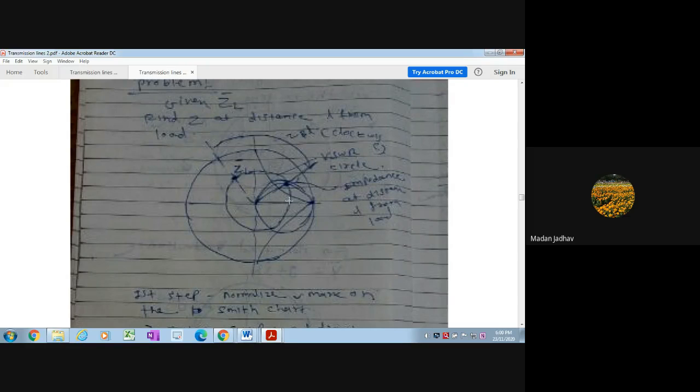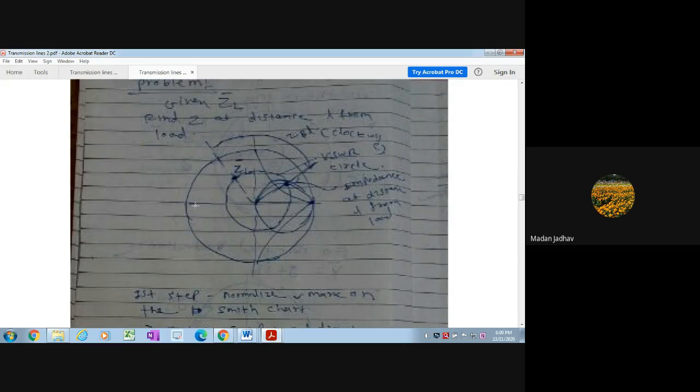That value is nothing but your VSWR, or voltage standing wave ratio, and its value here is 0 and is infinity at this point. Okay, now along this horizontal line, you will get values ranging from 0 to infinity.